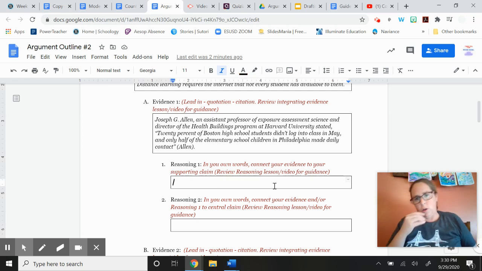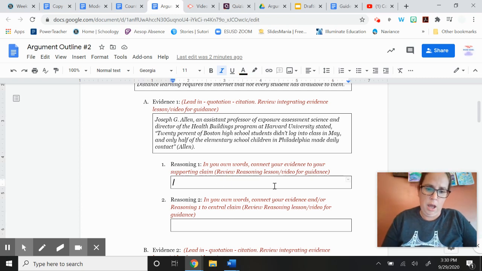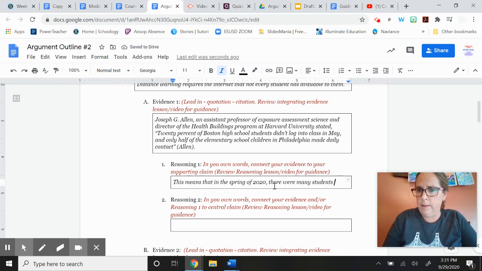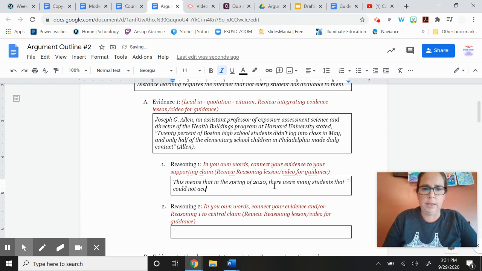Okay, so we could say this means that in the spring of 2020, there were many students that could not access their classes online.